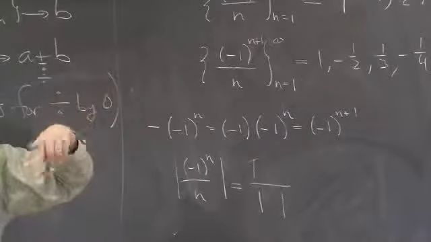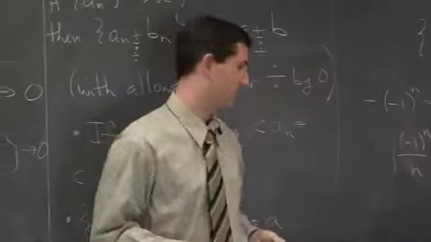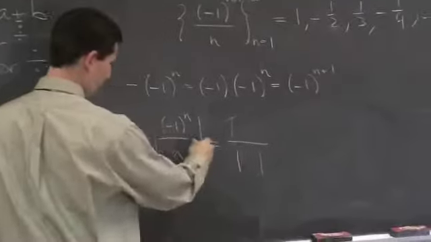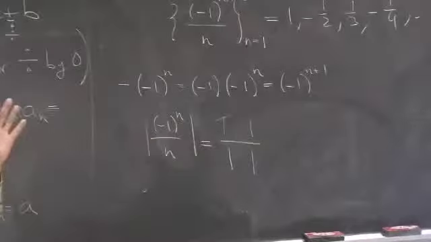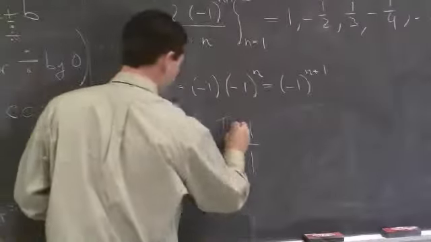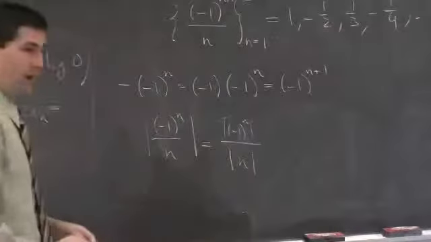They're certainly hopping back and forth. But they're still getting close to 0. Now, the absolute value is, at least with respect to multiplication and division, very nice. You can break it up.